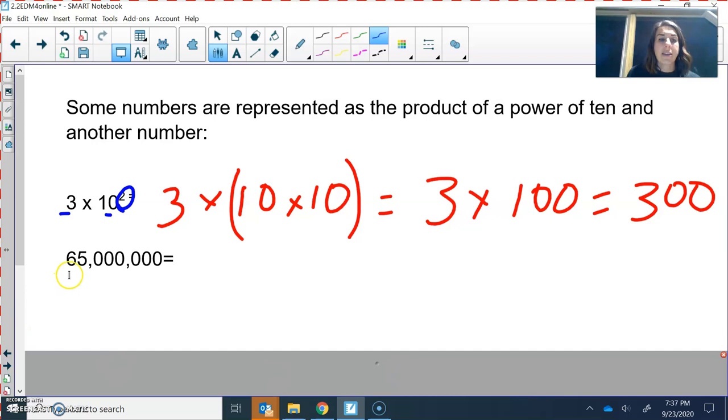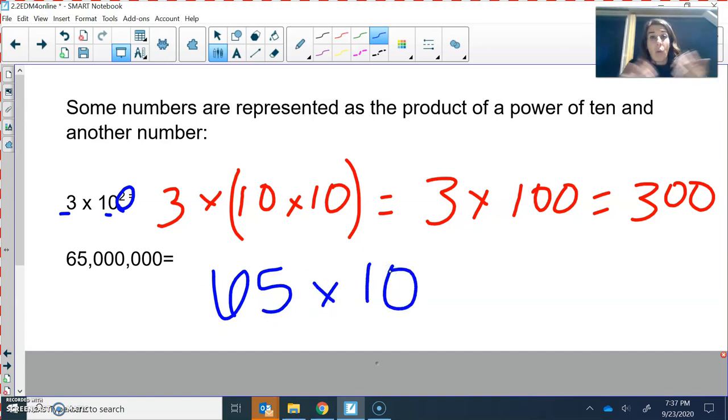So I'm going to look at 65 million. I know that in 65 million, the only numbers here that aren't zero are 65. I can take 65 and multiply it by a power of 10. What power of 10, you might ask? Well, all you need to do is count the number of zeros, and that's the power of 10 that you would use.